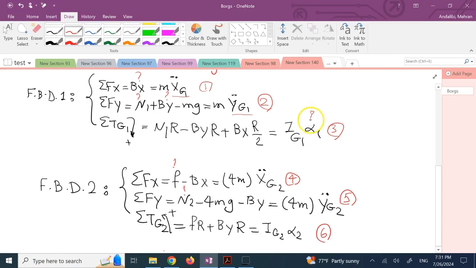Alpha 1 is unknown, alpha 2 is unknown, and x double dot of G2 and y double dot of G2 can also be related to alpha 2. So clearly you have two unknown alphas, Bx, By, N1, N2, and static friction.